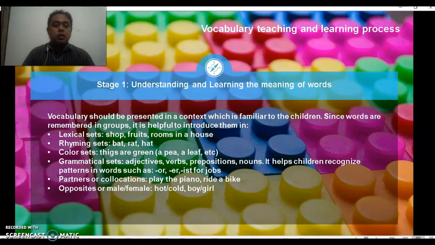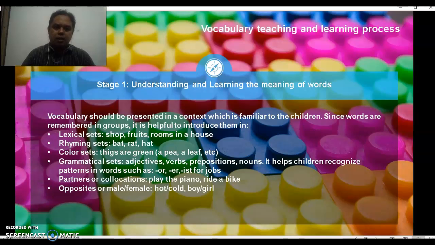Since words are remembered in groups, it is helpful to teach them first in lexical sets: shops, fruits, words that are related to fruits, for example, or rooms in a house such as bedroom, bathroom, living room, dining room.